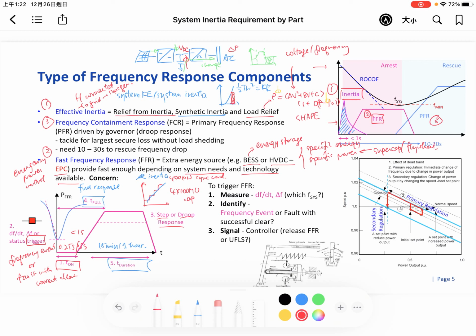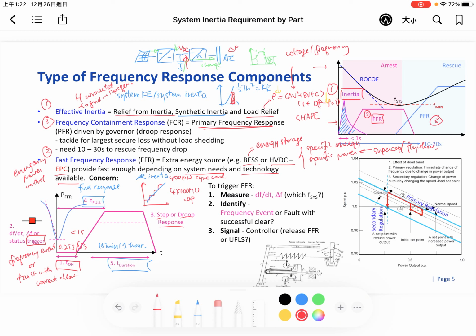And the last one is the frequency containment response, often called primary frequency response. This is the term that we have used in power systems, and some foreign countries use frequency containment because it contains or rescues the system frequency back to normal frequency.